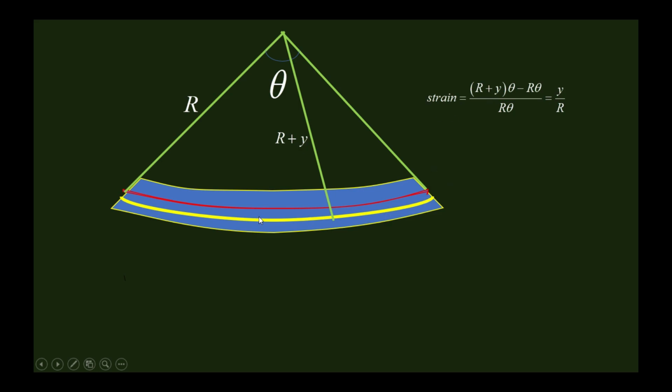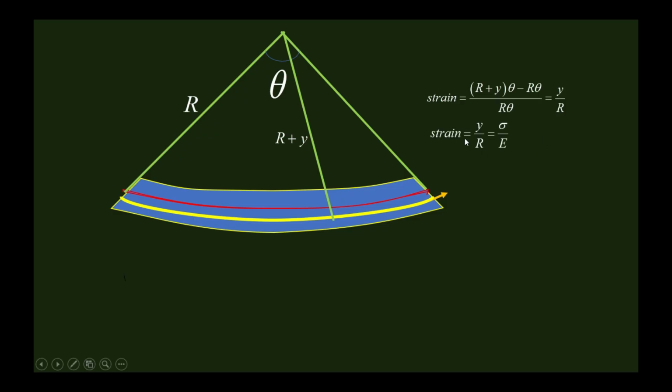The length of the yellow layer is (r plus y) theta. Originally, when the beam was straight, every layer had the length of the neutral layer, so r theta was the original length of every layer. So the strain is y over r. This yellow layer is strained by this amount, y over r.